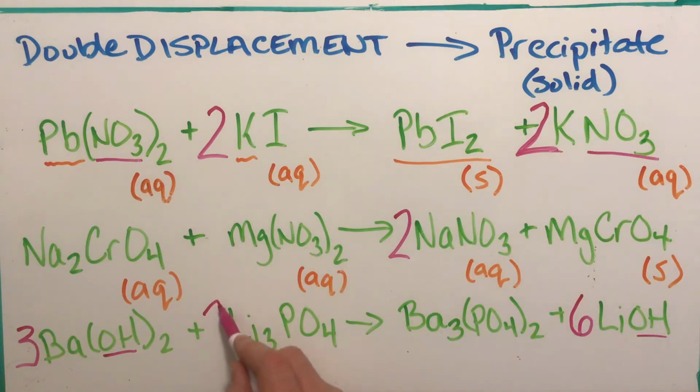Well, to fix that, 2 times 3 is 6 lithiums and 6 lithiums. So we should be pretty good now. 3 barium, 3 barium, 3 times 2, 6 hydroxides, 6 hydroxides. 2 times 3 is 6 lithiums, 6 lithiums, 2 phosphates, 2 phosphates. So we're all balanced up.